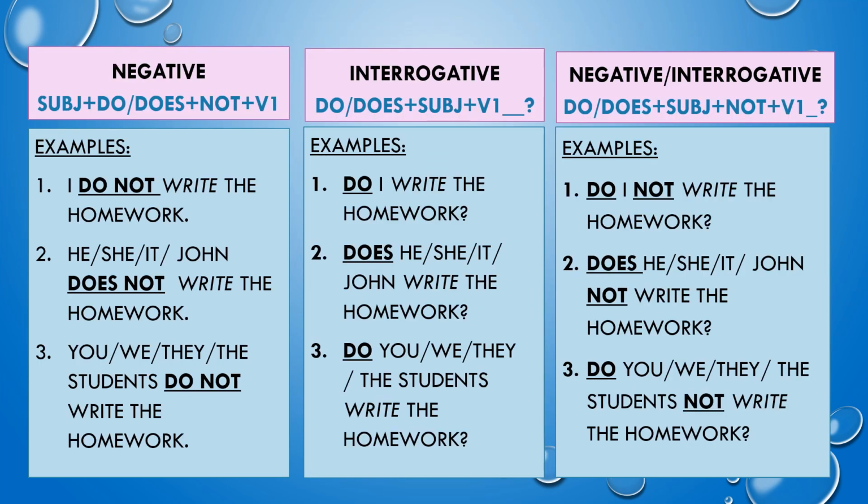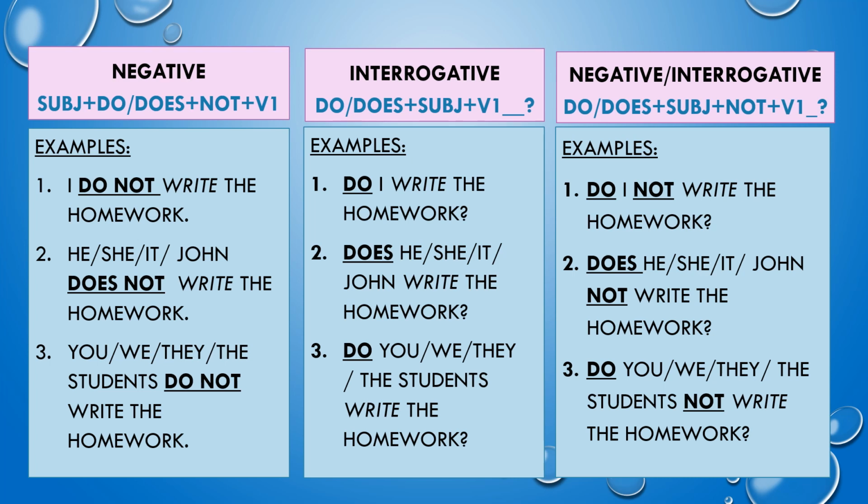Our next column, that is the negative, which is also found in page 116. This is the second form of a simple present tense. If we look closely at the formula, there is a slight difference, which is subject plus do or does plus not plus first form of the verb.